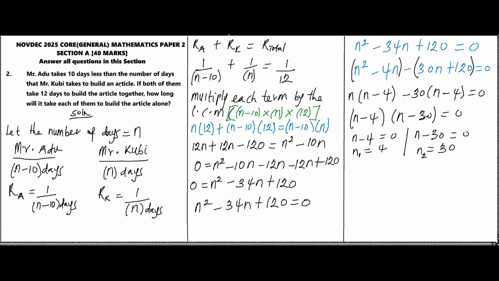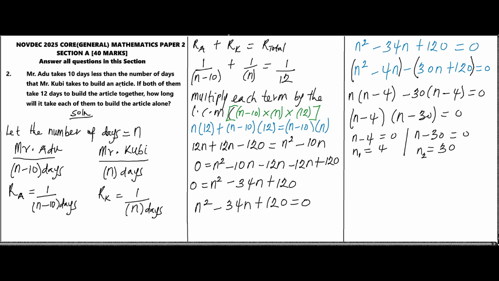So when we substitute 4 in place of n for Mr. Kubi, we have 4 days, but for Mr. Edu, we have 4 minus 10, that gives minus 6. And we are looking at number of days, and number of days can never be negative.